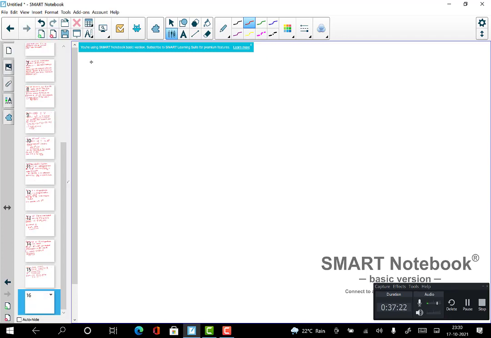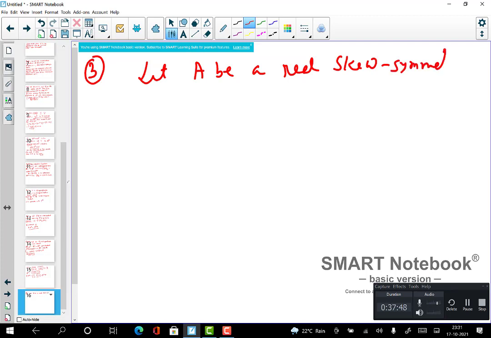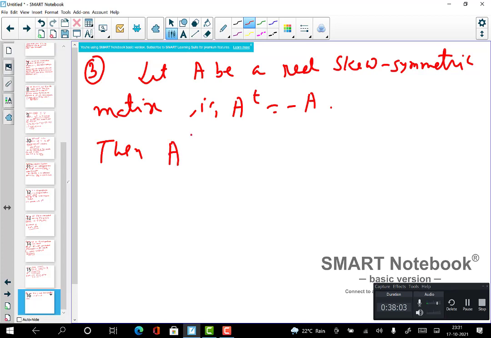Maybe another operator, let me define it. If you have skew symmetric matrices over real numbers, for example, let A be a real skew symmetric matrix, that is A transpose equals minus A, and then obviously A star equals A transpose.